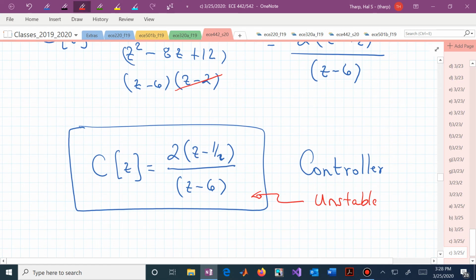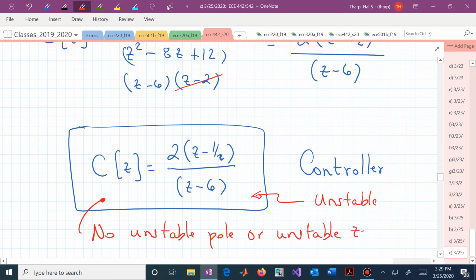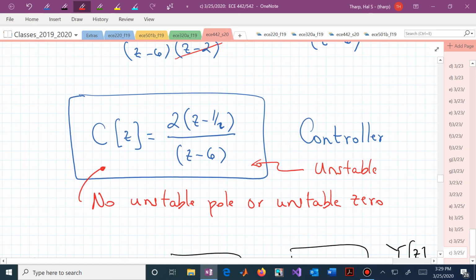So this C of z is good in that there are no unstable pole or unstable 0 cancellations occurring between this controller C of z and the original plant G of z. That's what we want to prevent. We want to prevent our controller from canceling anything outside the unit circle.